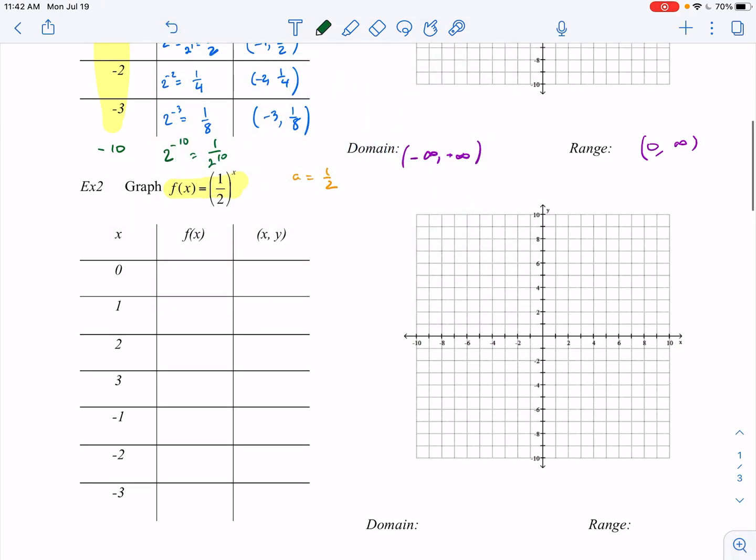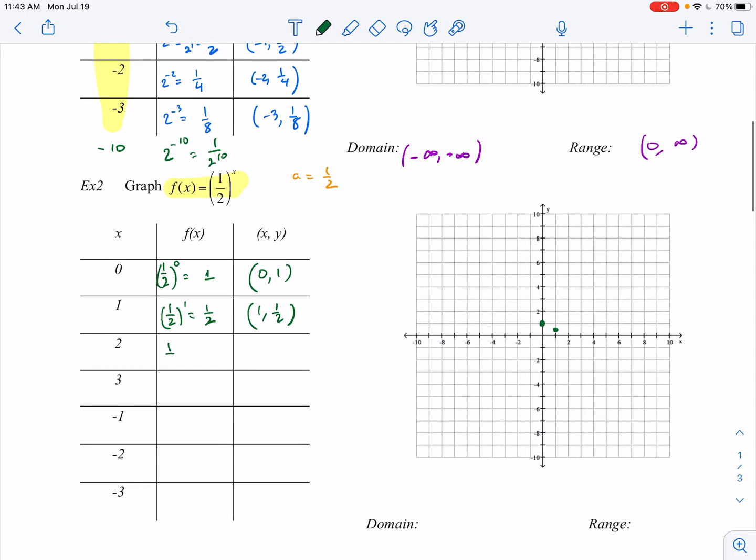When x is 0, we have 1/2 to the 0 power. Anything to the 0 power is going to be 1. So we still have the point (0, 1), right there. When x is 1, we have 1/2 to the 1 power, so that's 1/2. So (1, 1/2) is right there. When x is 2, we have 1/2 to the second power, so that's 1/2 times 1/2, which becomes 1/4.